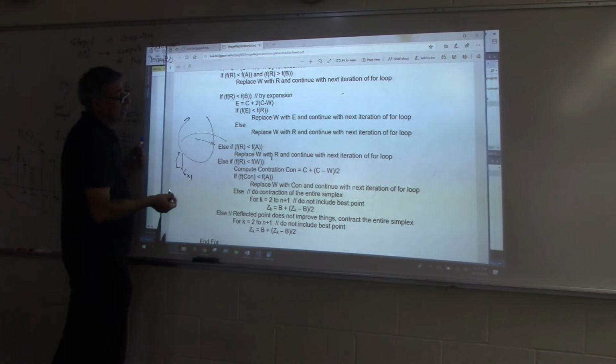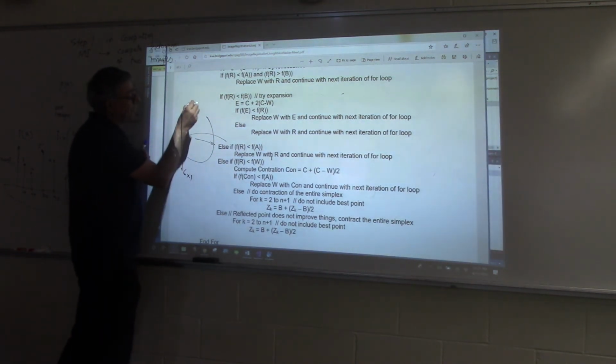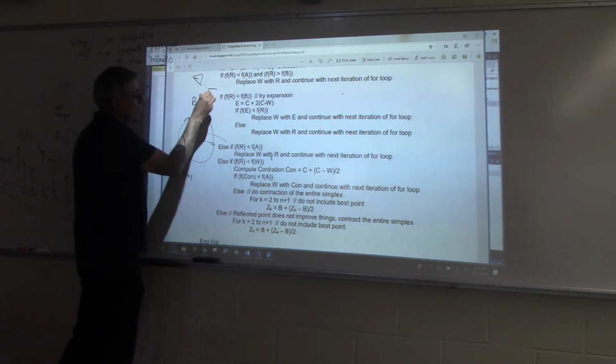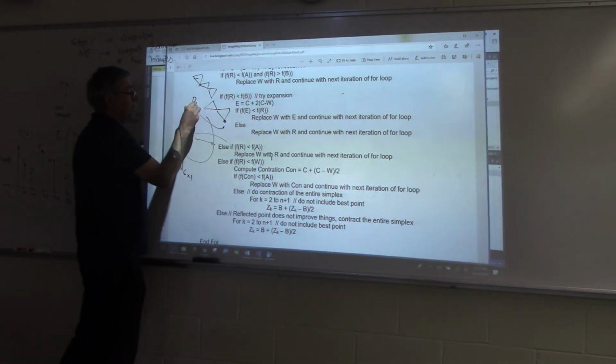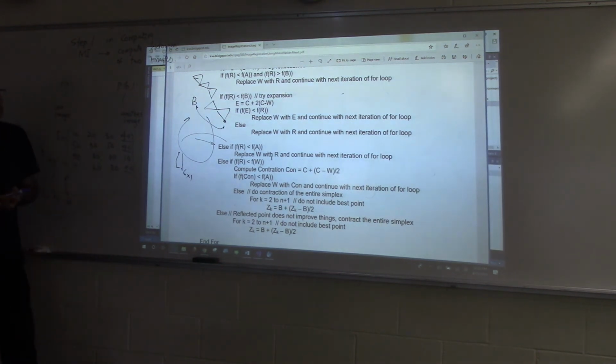In the end, the amoeba will keep moving, and whatever is the best will be our final solution. Usually this works pretty fast, maybe 30, 40 iterations, and it's able to find the answer.